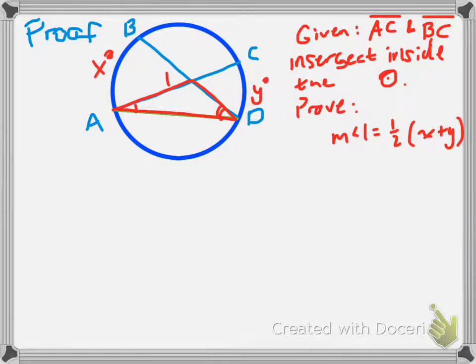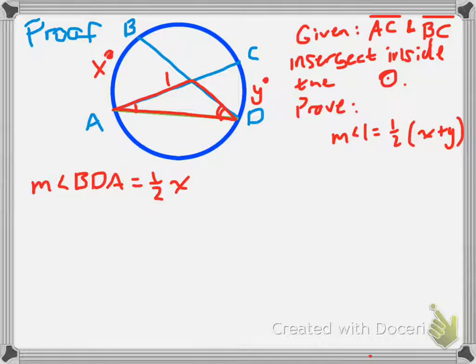So how do those relate? Well, we know that the measure of angle BDA, which I'll highlight for you here, so this angle down there, is half of X, because the arc that it creates is X degrees.